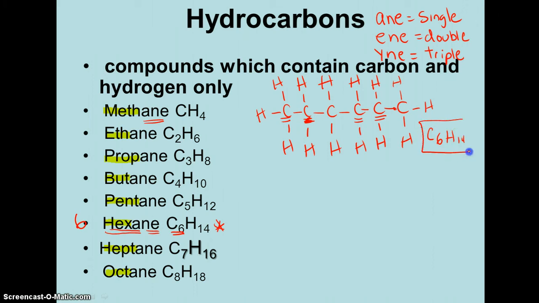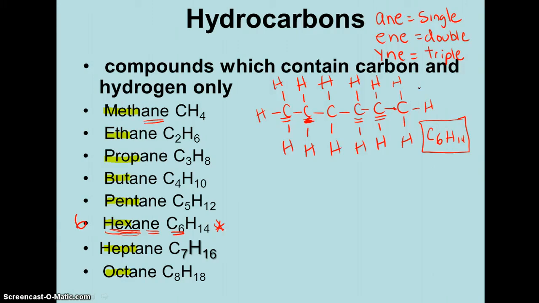And there I have my formula. If I were to just give you the structure and ask you to write the name, I would see that there is 1, 2, 3, 4, 5, 6 carbon. I would know that hexa is the prefix for 6, and they're all attached with single bonds there, so I would add an ane at the end, giving me hexane.